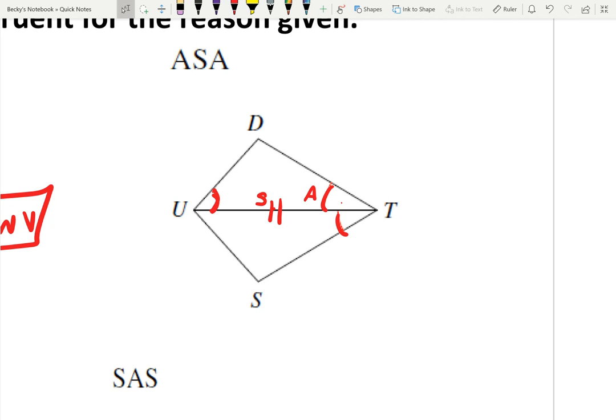Now, this causes confusion. If I'm looking at this triangle here, I understand there's only a U, but if you look at this big diagram, I need to use 3 letters. So this is D-U-T or T-U-D.